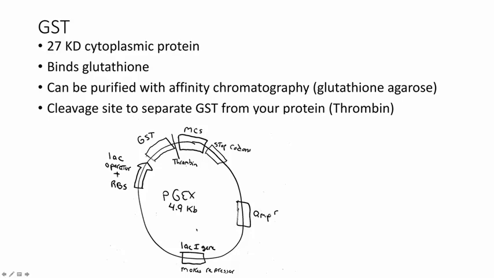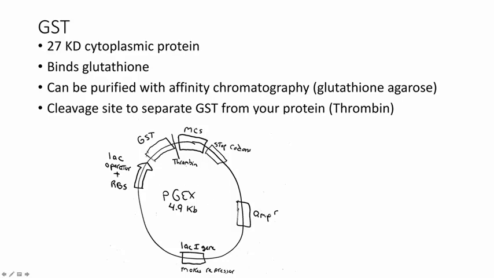And it contains the LAC-I gene, which is making that repressor, which is coming over here and binding to the LAC operator. And in the absence of IPTG, you have lots of repressor binding the operator, stopping any protein from being made. As soon as you add the IPTG, it stops the repressor from binding the operator and allows production of the protein to go through.